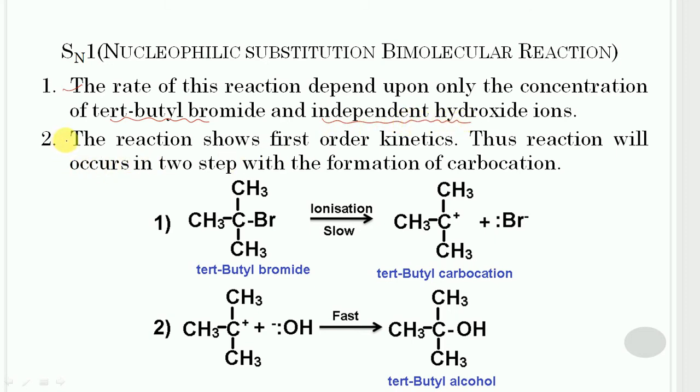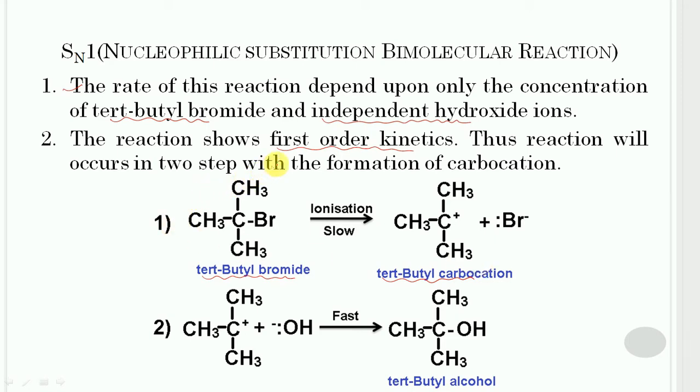And second one, the reaction shows first order kinetics, thus the reaction occurs in two steps with the formation of carbocation. So step number 1 involves the ionization of the tertiary butyl bromide and it produces tertiary butyl carbocation and bromide ions.